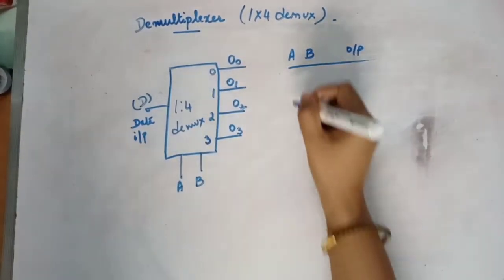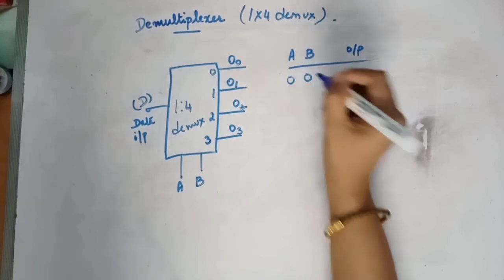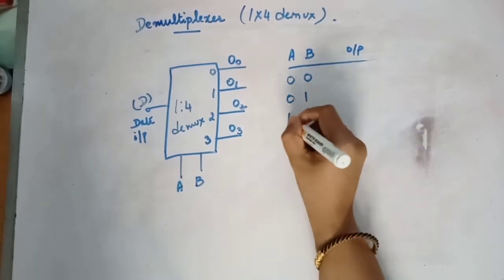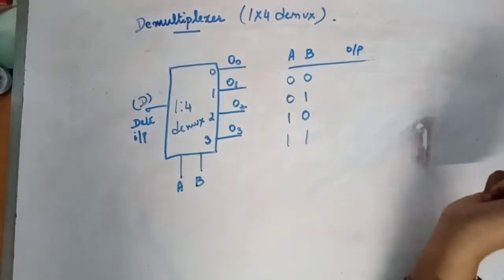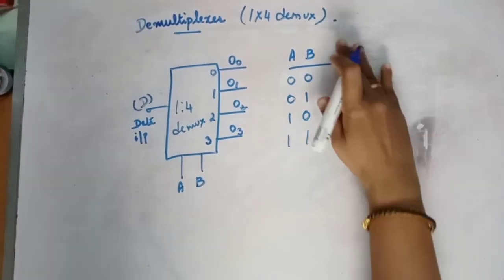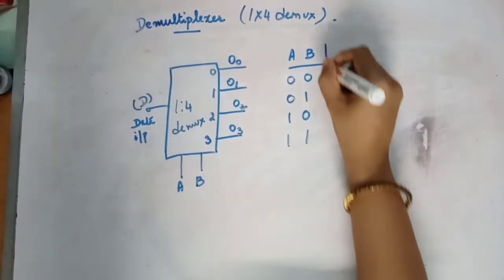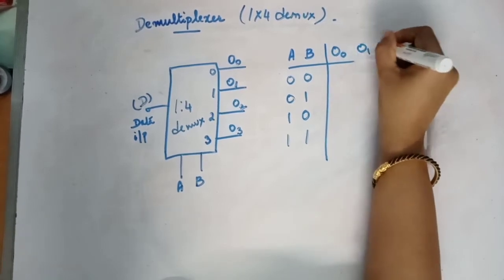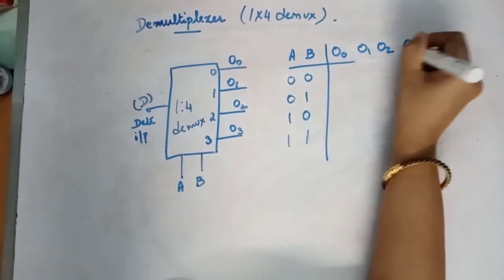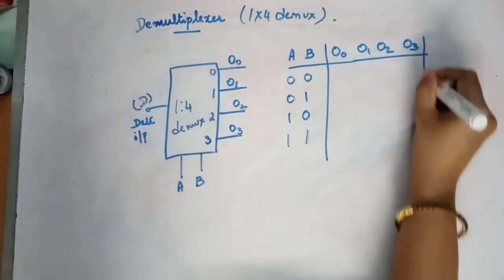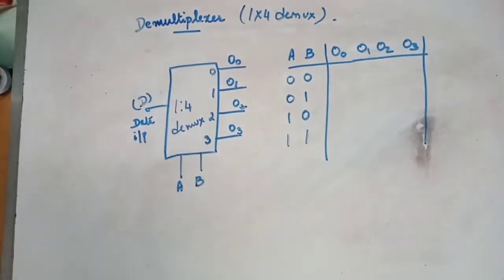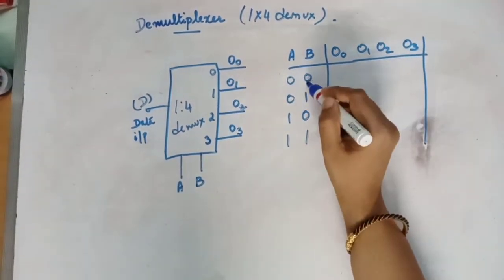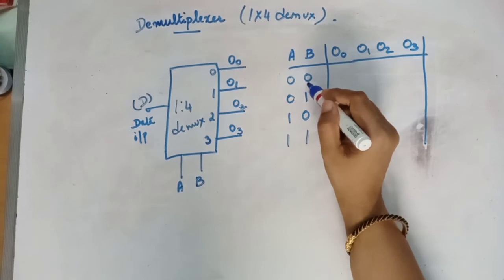Okay, so like in the earlier case, if it is 0 0, 0 1, 1 0 or 1 1, you have 4 output lines, that is O0, O1, O2 and O3. My input is D, where D can be 0 or 1. So if it is 0 0, where will that D go to?